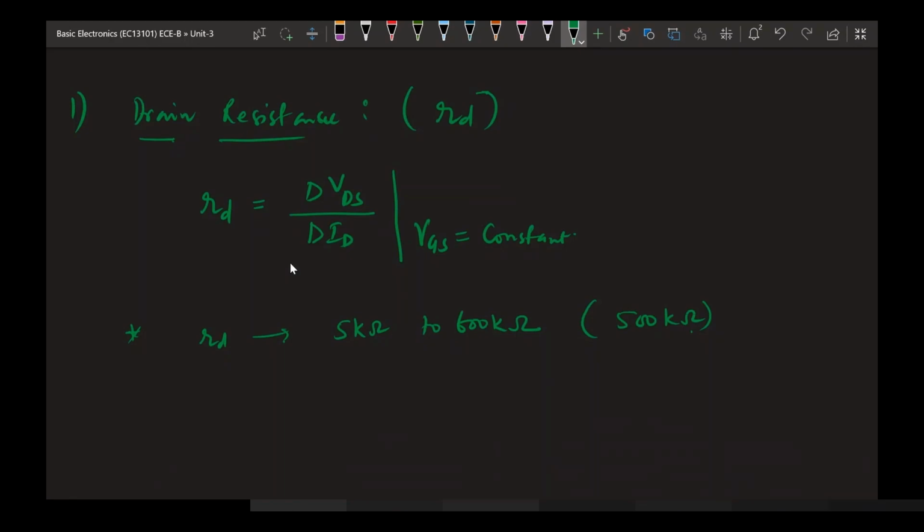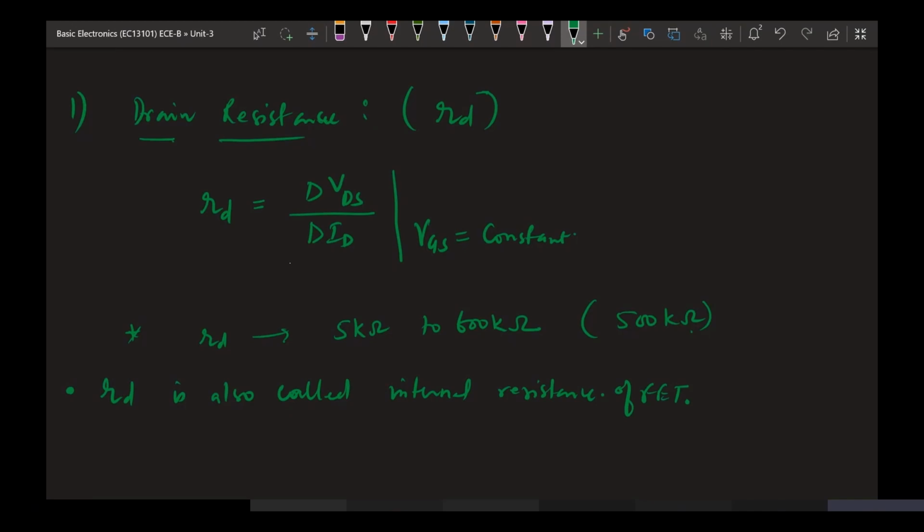This RD is also called the internal resistance of the FET.